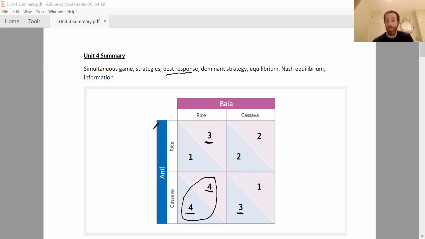So in order to get here, we need to assume they have perfect information. They know what each other's strategies are, and they know what payoffs they'll get on the basis of each of those strategies. Okay, so that's our first example, lots and lots of concepts in there.